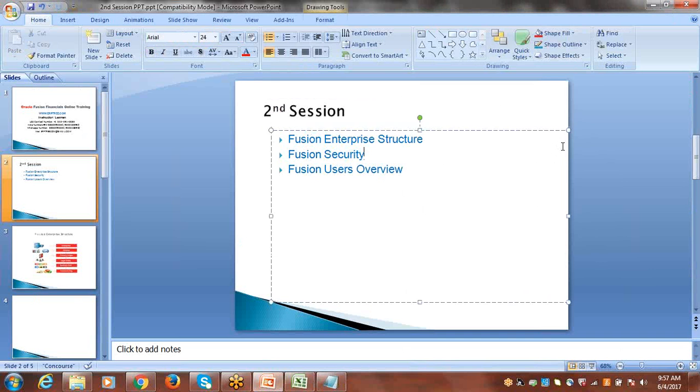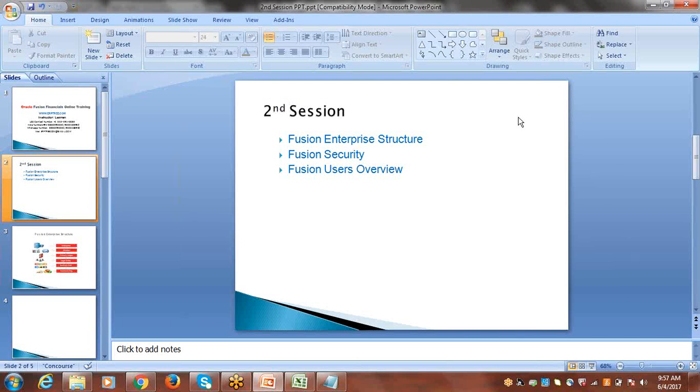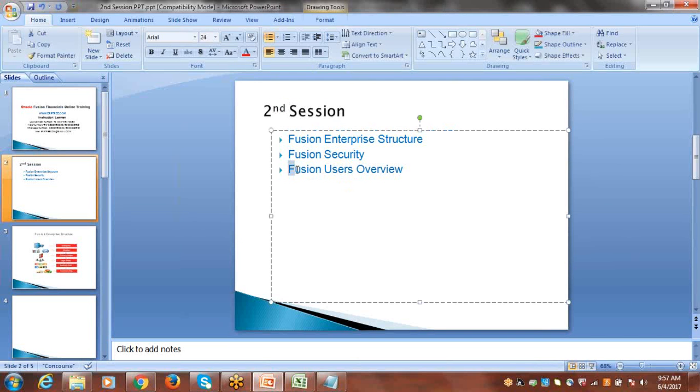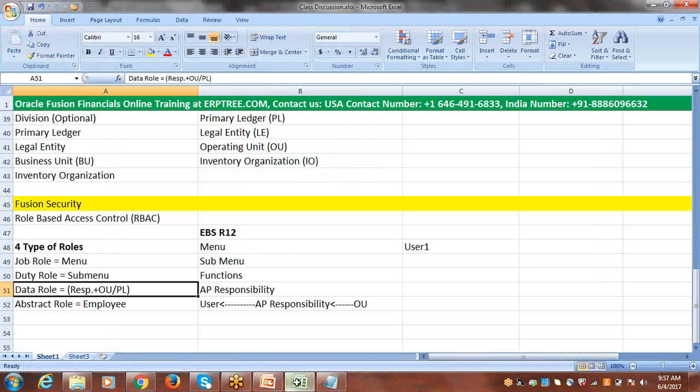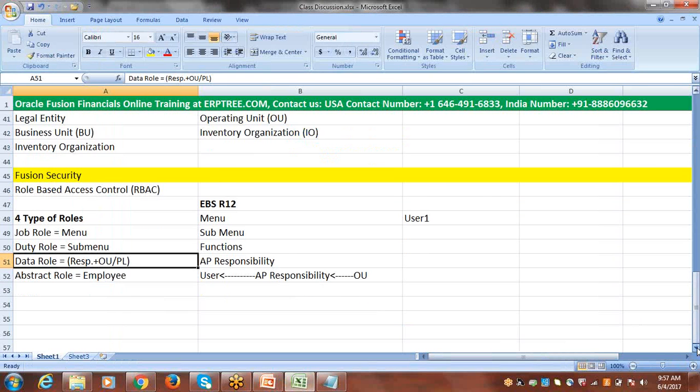So the other point here is Fusion users. Let's talk about a few points on this.